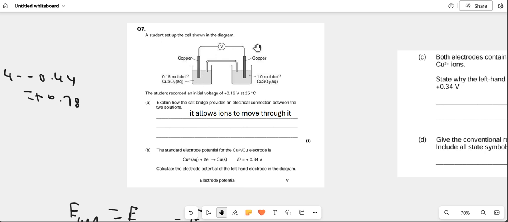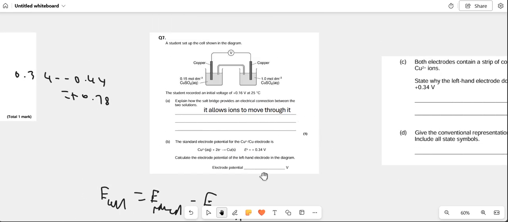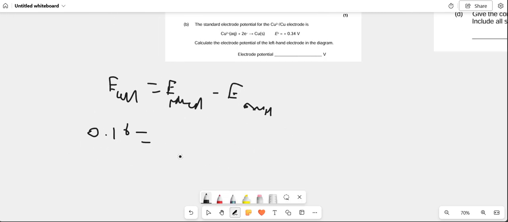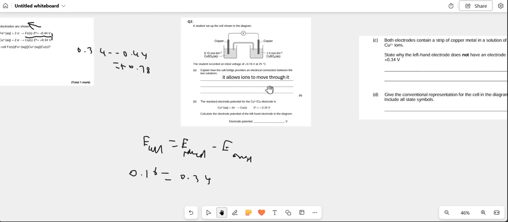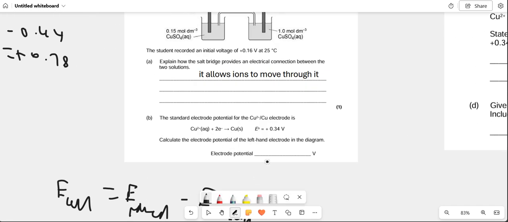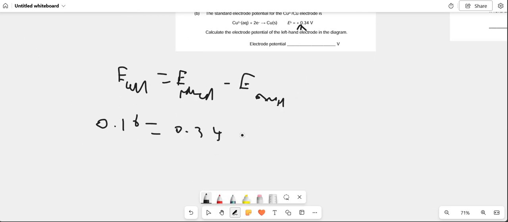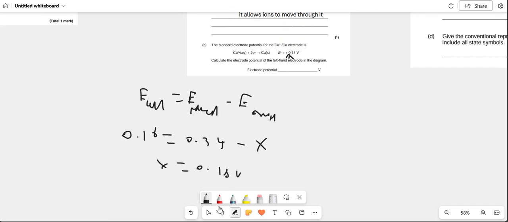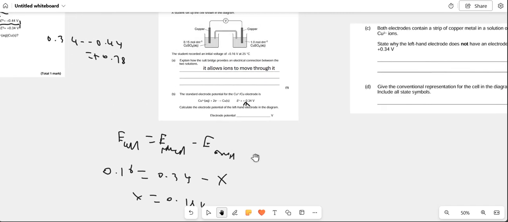So 0.16 is equal to 0.34, which is the reduced one, because that's the right-hand one, take away the oxidized, which we don't know. We can just call that X. Bring X to the other side, take away 0.16. X is going to be equal to 0.18, which makes sense, a feasible reaction. 0.18.